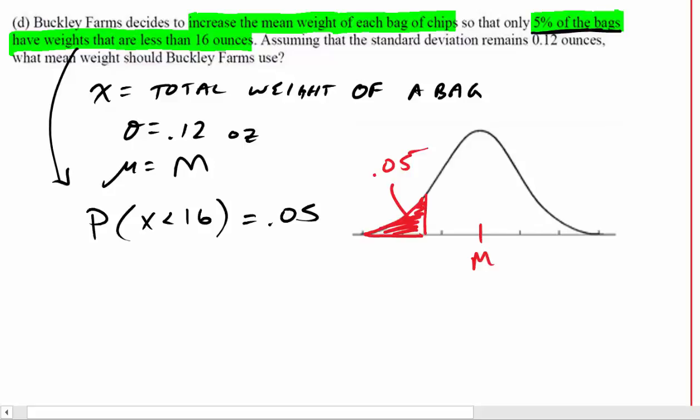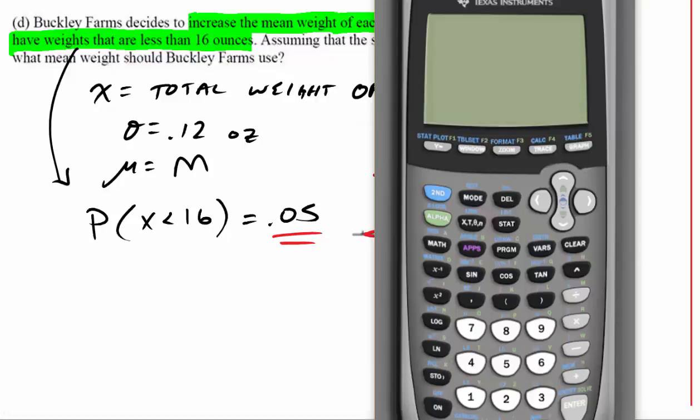The mean will stay in the middle. That'll be our mu. But again, we do not know what this mean is. The only thing that's given is the standard deviation. So what we need to do is figure out what z value corresponds to 0.05. In a standard normal distribution, we would have 0 in the middle and 1 as our standard deviation. So let's convert that using our calculators again.